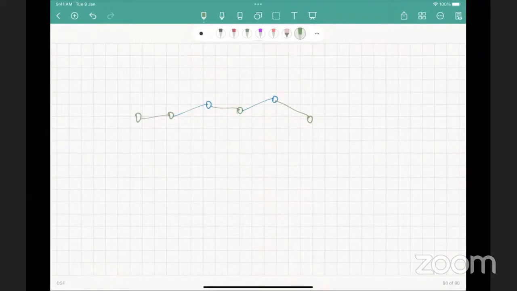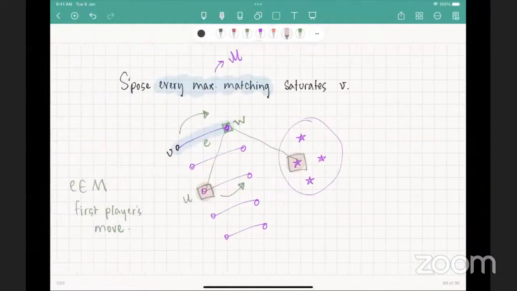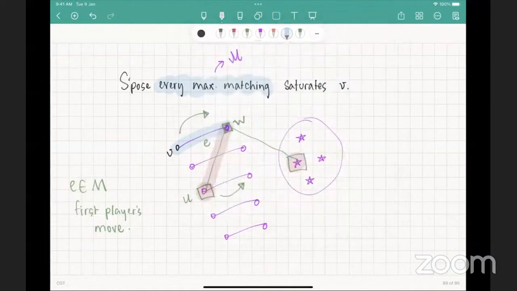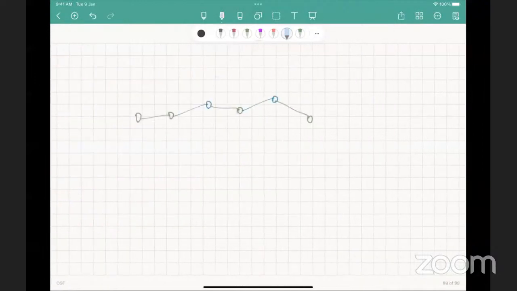Right. So as long as the first player is, okay, hopefully this is visible. So as long as the first player is being brought back to a vertex of this kind, U, which is a saturated vertex, they can continue the game in this alternating fashion that we just described, right?